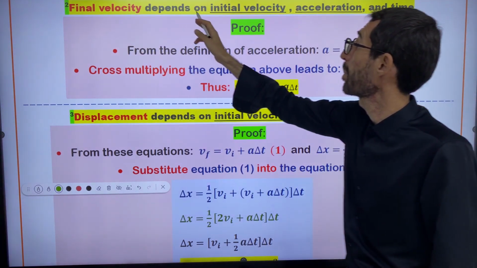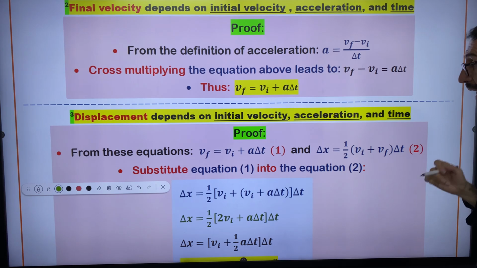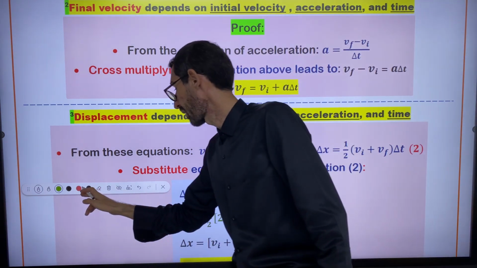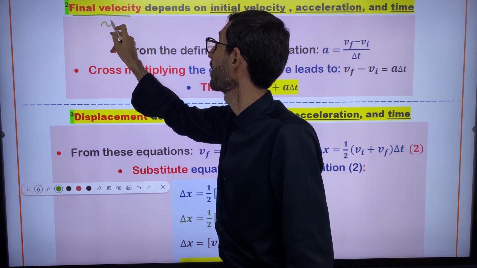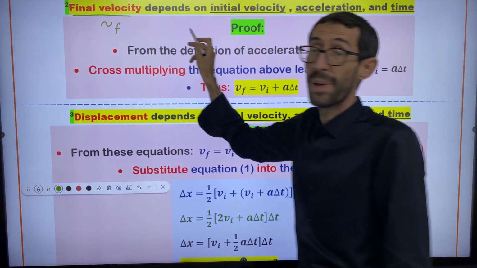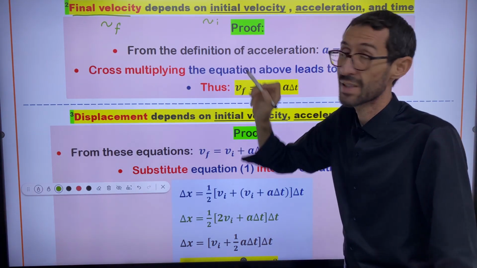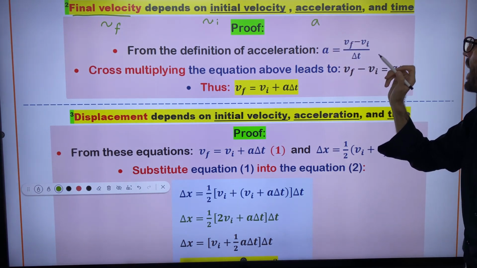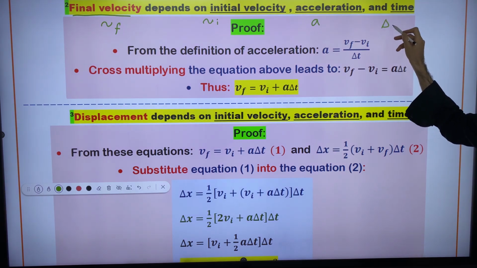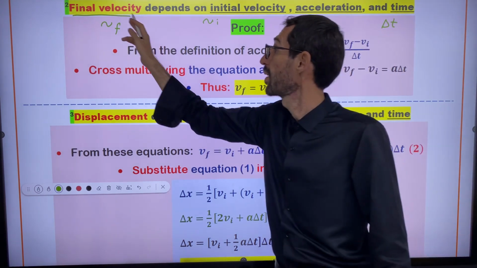Final velocity depends on initial velocity, acceleration, and time interval. Right. Final velocity means v final. Depends on initial velocity, v initial, acceleration a, and time interval delta t. So we look for a rule.